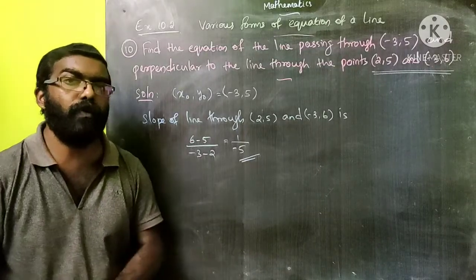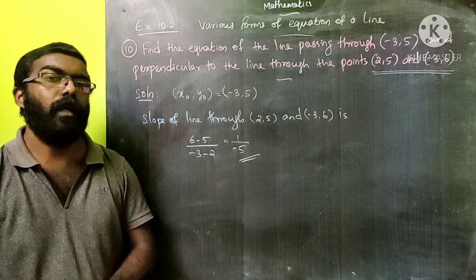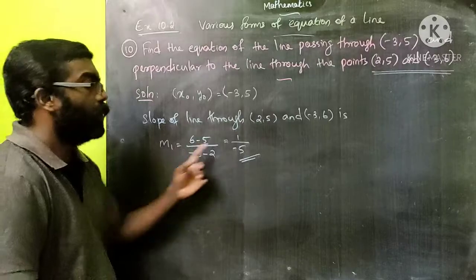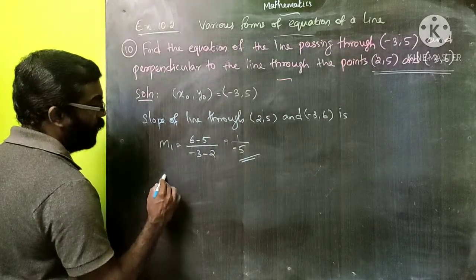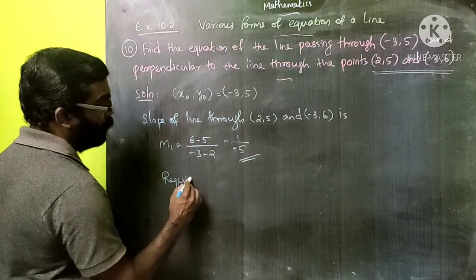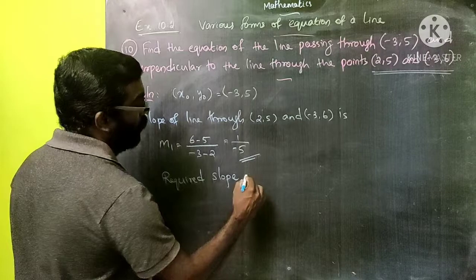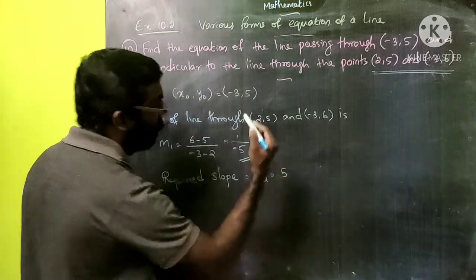What about the slope of 2 perpendicular lines? One is the negative reciprocal of the other. So if you take this one as m1, here m1 is equal to 1 by minus 5. So we can write the required slope of the perpendicular line as m2, which is equal to the negative reciprocal of this one, that is 5.